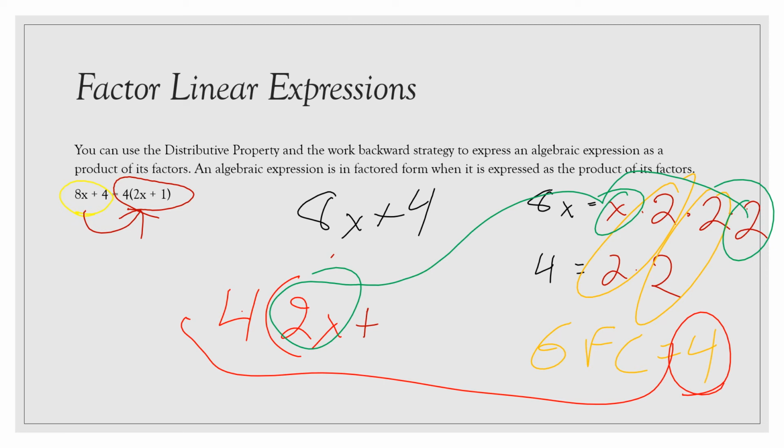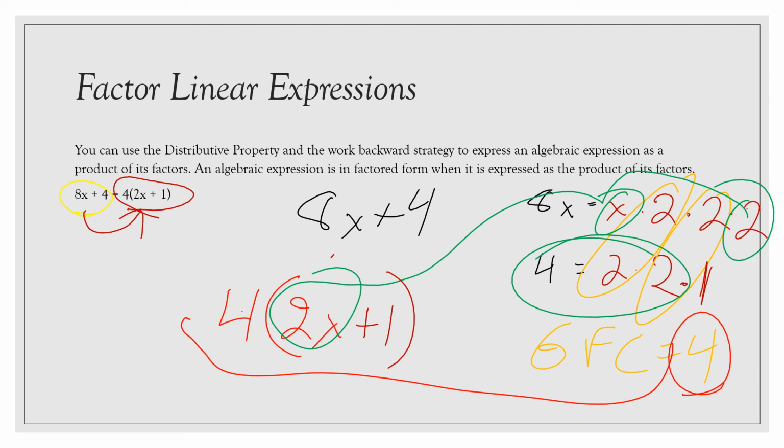What did we have left over down here? For 4, nothing. So we're not going to write 0 because 0 is not the right answer. We actually have, although we didn't write it, we have it times 1. So we have 1 left there. And so that means that we have 4 open parenthesis 2x plus 1 close parenthesis.